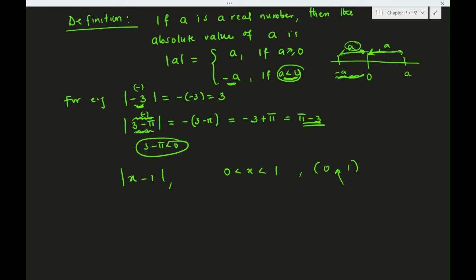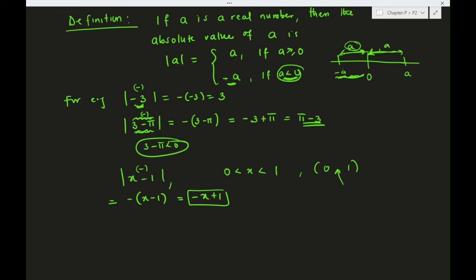If you take any number here, let's say half, 1 over 2, and you put it here, 1 over 2 minus 1 is going to be a negative number, right? So all you need to do is make this negative, minus x plus 1 will be the answer.